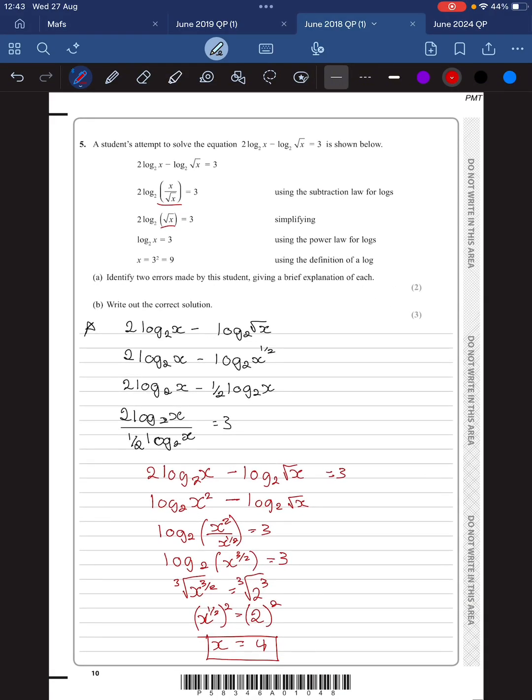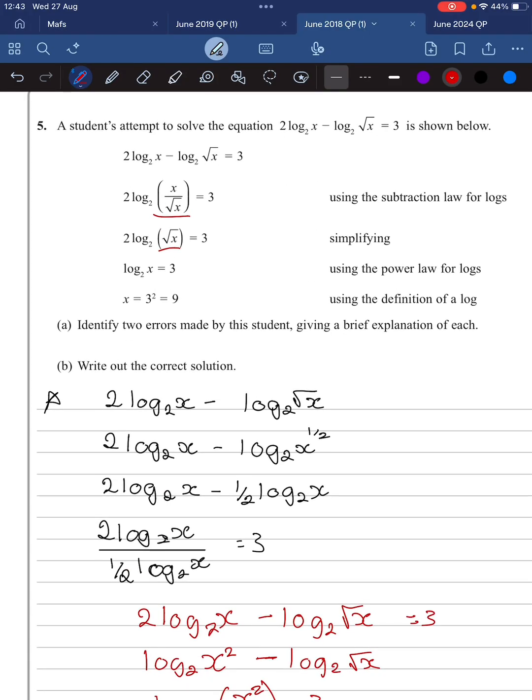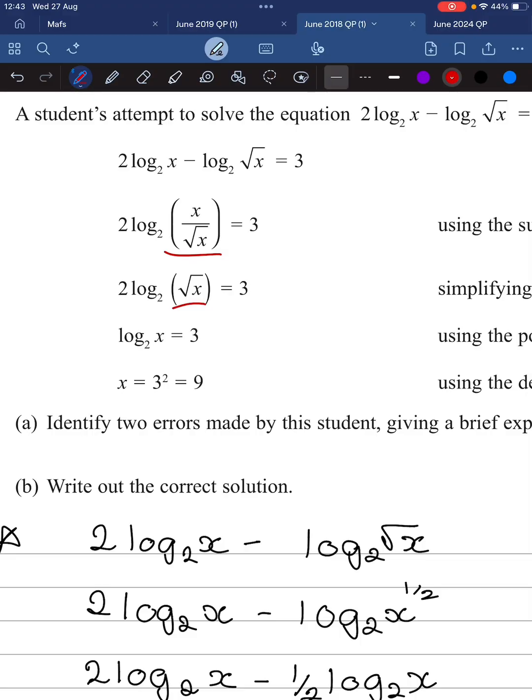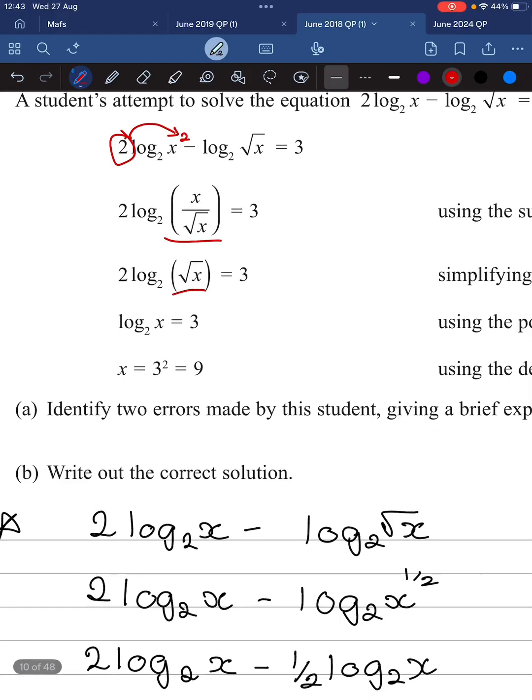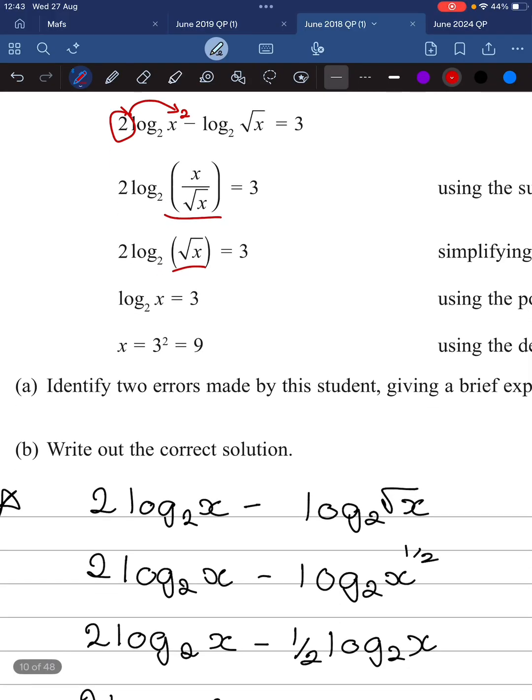And now we look at our method and compare it to the student's. Now what the student did was wrong. He didn't apply the right rules of log. So you can see over here, right, he should have made this 2 and placed it there. So this should have been a 2. So that's the first mistake he did. Okay, and the second mistake, I think it just carries on with this.